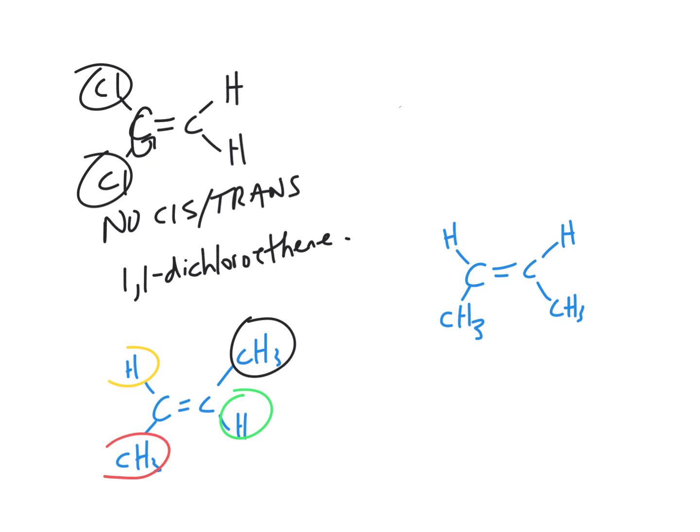And so if you look at this one and you say, remember your naming rules, what's the longest run of carbons? It's actually 4, okay? See, it's 1, 2, 3, 4. So this is going to be a but, right? And then we see it's got the carbon-carbon double bond after carbon 2. So it's going to be but-2-ene, we could say, or 2-butene.